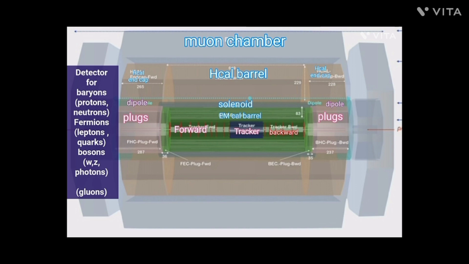Since the particles are subtle and have a very high energy, they pass through different layers of the detection system and get detected by different methods utilized by the specific model of particle physics or high energy physics. We see that in the tracker there is a forward tracker and a backward tracker.